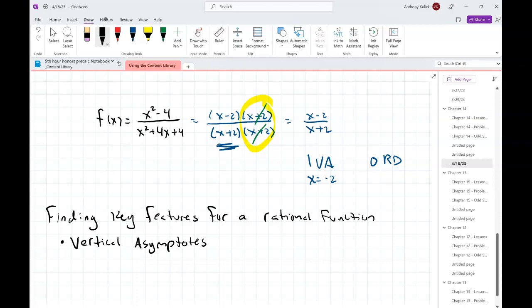How do we find the vertical asymptote? Set the reduced denominator equal to 0 and solve.